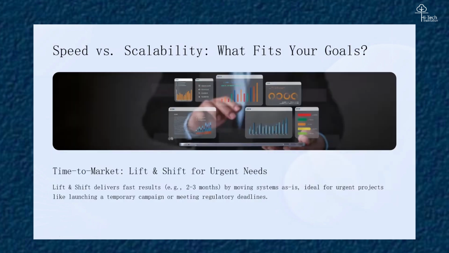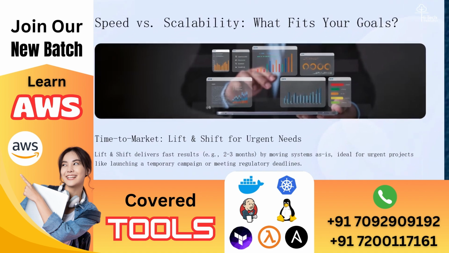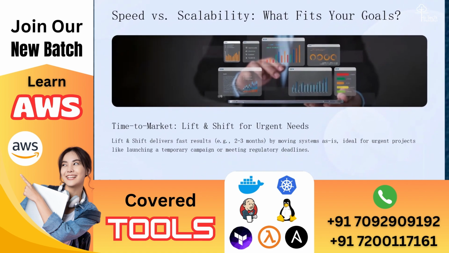And coming to speed and scalability, which is like I said previously. Lift and shift is really recommended when you have urgent needs. Urgent need means you want to implement the migration immediately, like in 2-3 months.